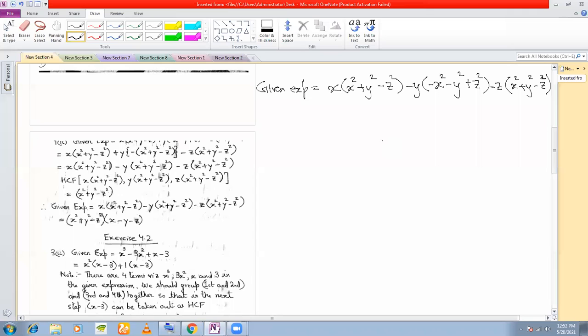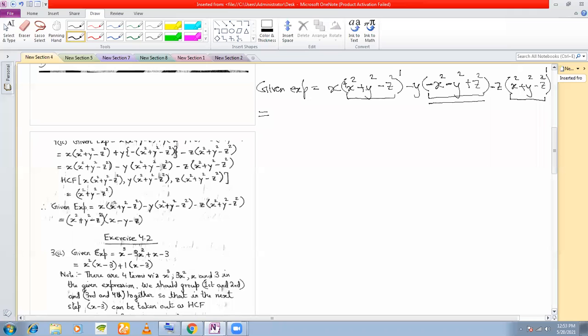Now there's something that is very interesting in this problem. See, I have x square plus y square minus z square to the power of 1 here, and I also have x square plus y square minus z square to the power of 1 here. So these two are same, but this is not the same. This is different because I have a minus x square here, but a plus x square here.